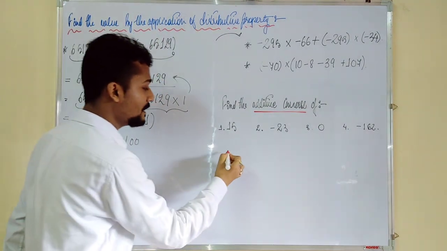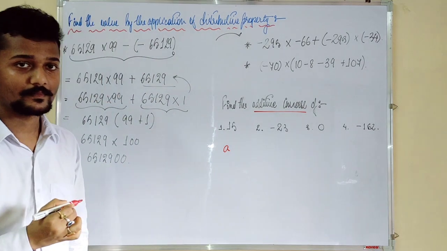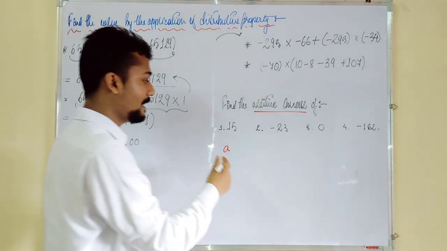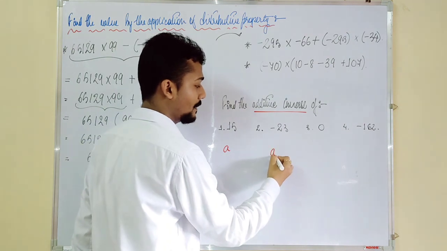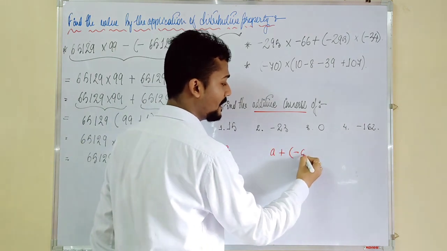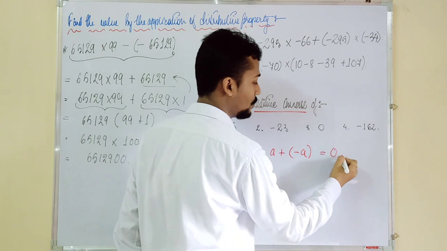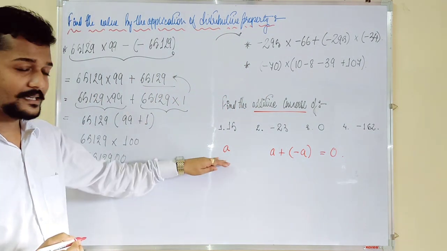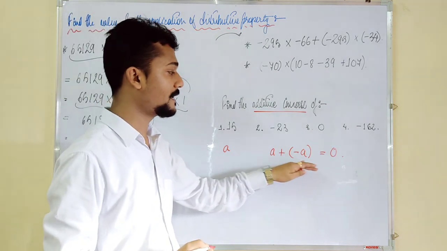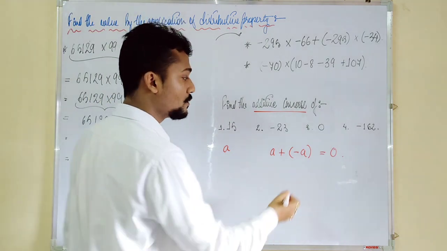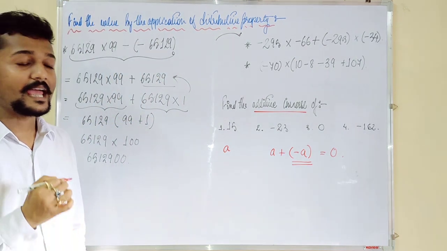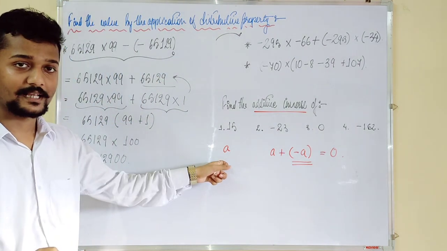Now if a be an integer, then a plus minus a will give us 0, isn't it? If a is an integer, then a plus minus a will give us 0. So this minus a will be called the additive inverse of a.